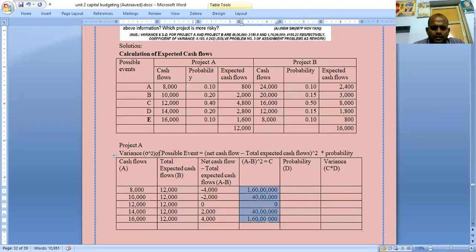So these are the calculations. We have to multiply with the respective probabilities, so that we'll get the variance, that is 16 lakhs, 8 lakhs, 0, 8 lakhs again, 16 lakhs again.